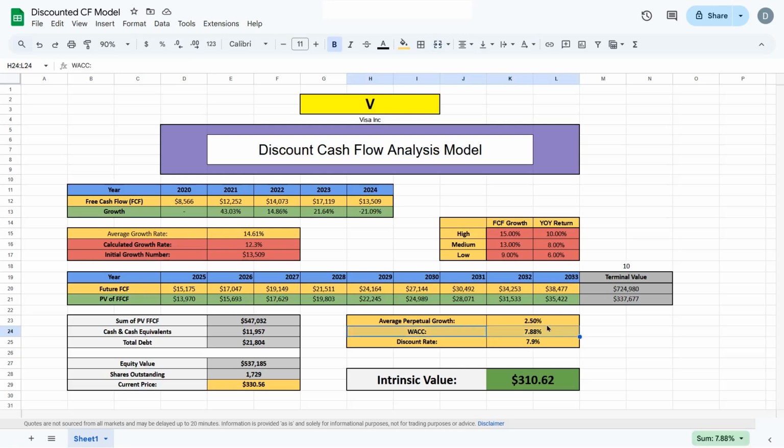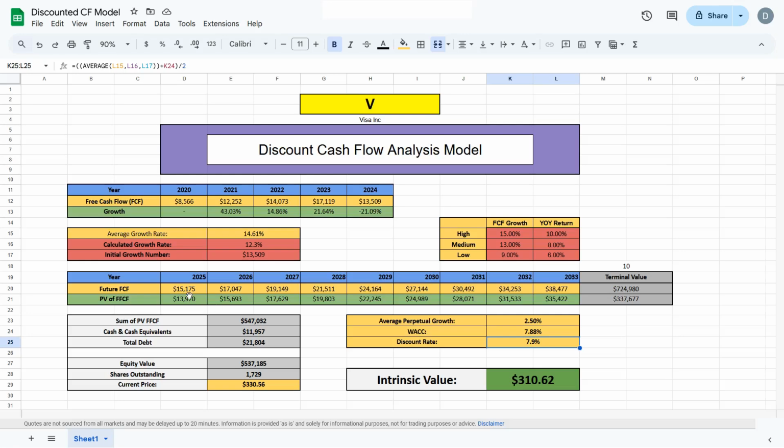Now, to get this minimum rate of return close to the actual one, I base it on the WACC of the company, that is the weighted average cost of capital, and you can easily find it on Google. I will project my high year-over-year return at 10%, medium at 8% and low at 6%, combine it with the WACC and get the discount rate of 7.9%.